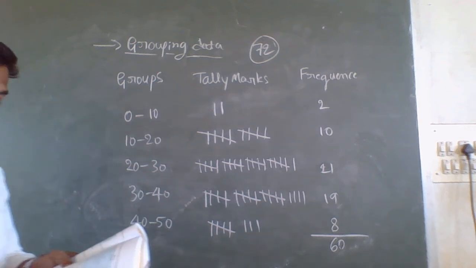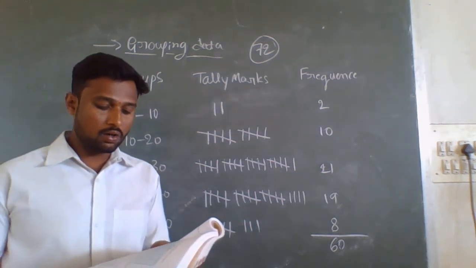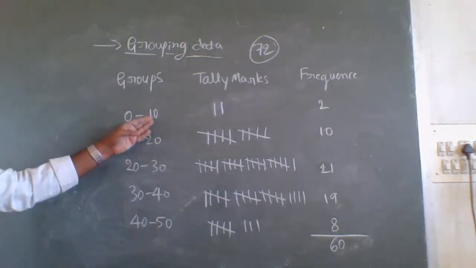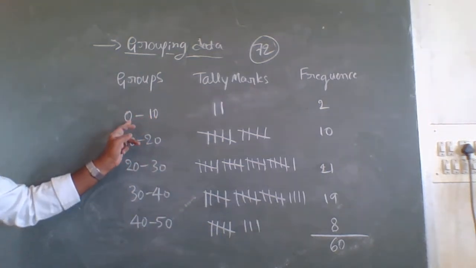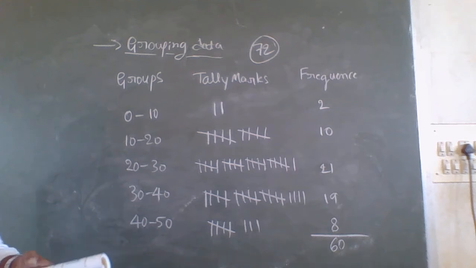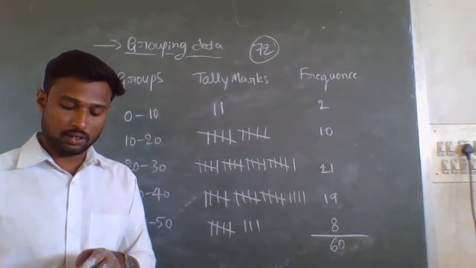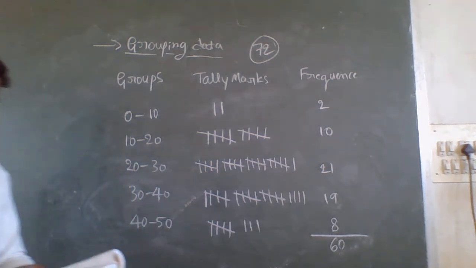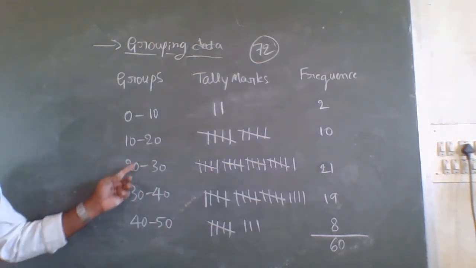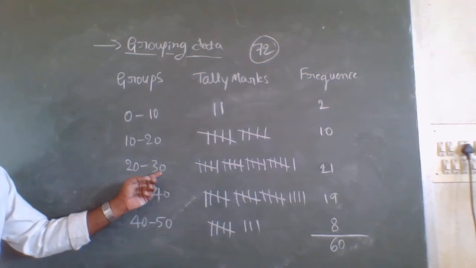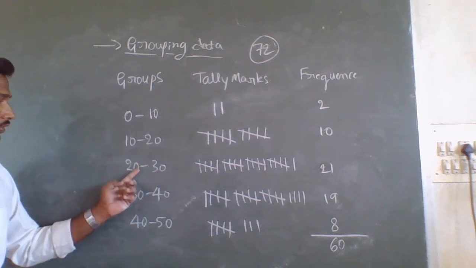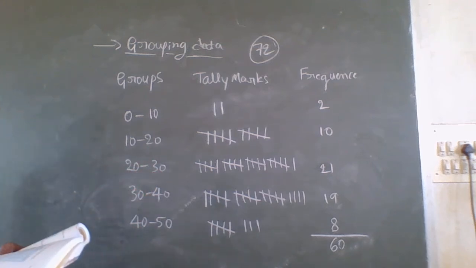Observe that 10 occurs in both classes, 0 to 10 as well as 10 to 20. Similarly, 20 occurs in classes 10 to 20 and 20 to 30. Therefore 20 is also twice, 30 also, 40 also, like that.